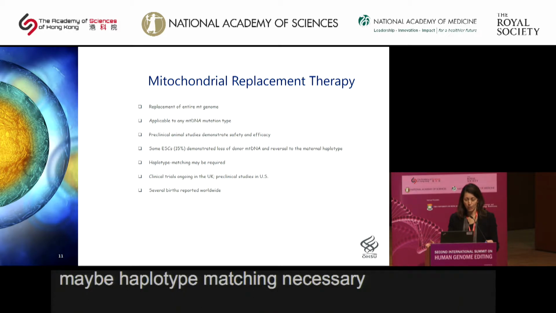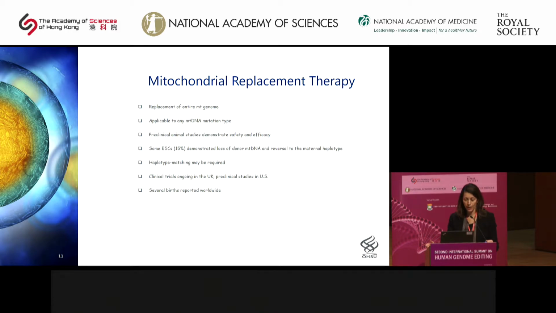As I mentioned, haplotype matching may be required. And clinical trials are currently ongoing in the UK. Preclinical studies are continuing in the US, and there have been a few babies born from this technique already, notably a baby in Mexico a couple of years ago, and a few other babies have been reported born in Ukraine.